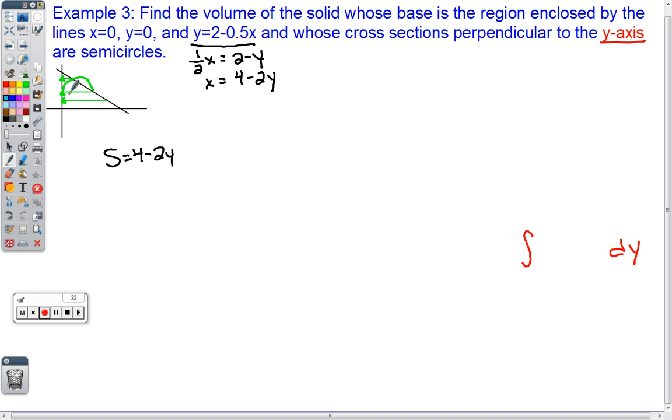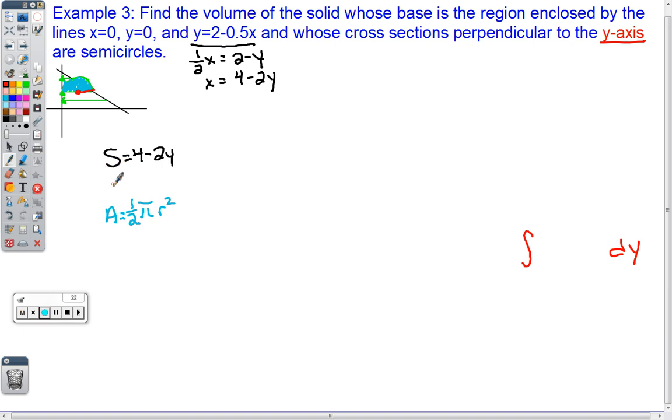And our next job, find the area. Remembering the area is pi r squared for a circle, but it's not pi r squared, it's 1/2 pi r squared because it's a semicircle. And then we go, oh, but wait, it's not r that we have, it's s, because that's a diameter, and we want a radius.